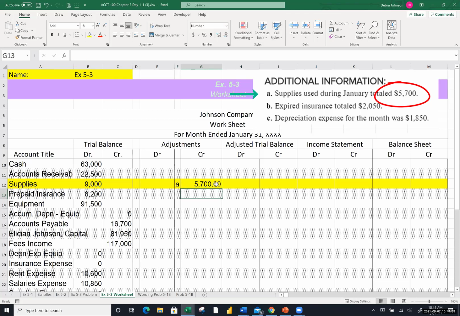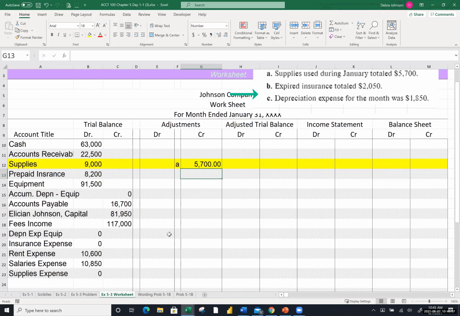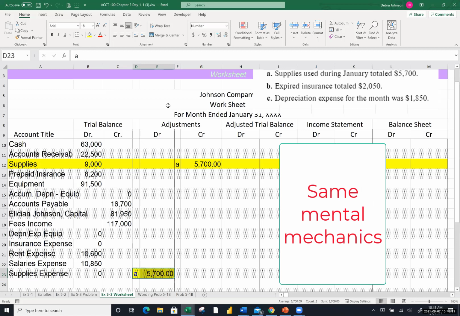When a company uses up their assets, the asset is credited and some kind of an expense is debited. So what kind of an expense should we use? Supplies expense. 5,700. Drop it in. So we did 2 things. We identified the accounts. We know that all 3 of these adjustments affect an expense account and an asset account.